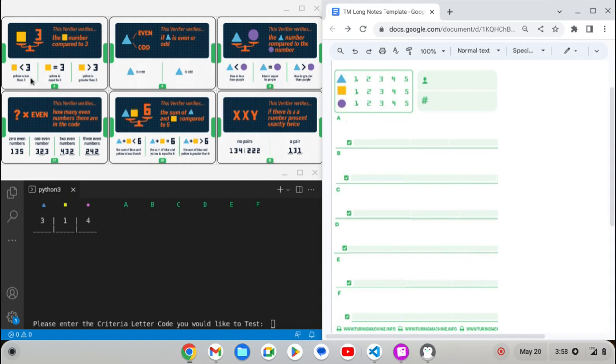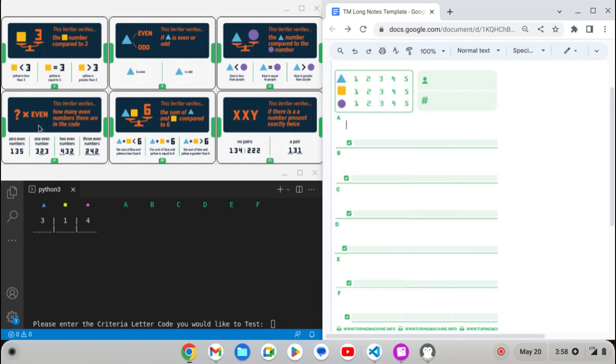Should that square digit be less than 3, equal to 3, or greater than 3? Criteria card B looks at the triangle digit, the first digit, and will let us know whether that digit should be even or odd. Criteria card C will compare the first and last digit, the triangle and circle, and let us know whether triangle should be less than circle, equal, or greater than circle.